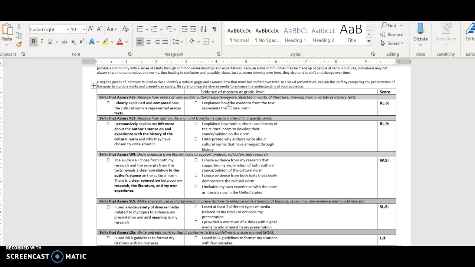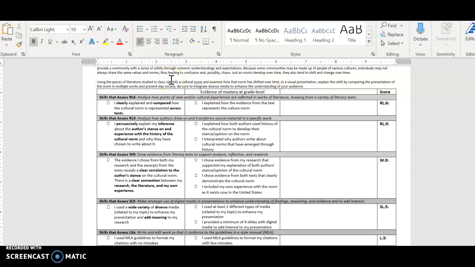Some of it is new, and so you're going to have to draw some new conclusions or write a new reflection. And then incorporate some images, graphs, videos, that type of thing to help enhance the message that you're going to be sharing.